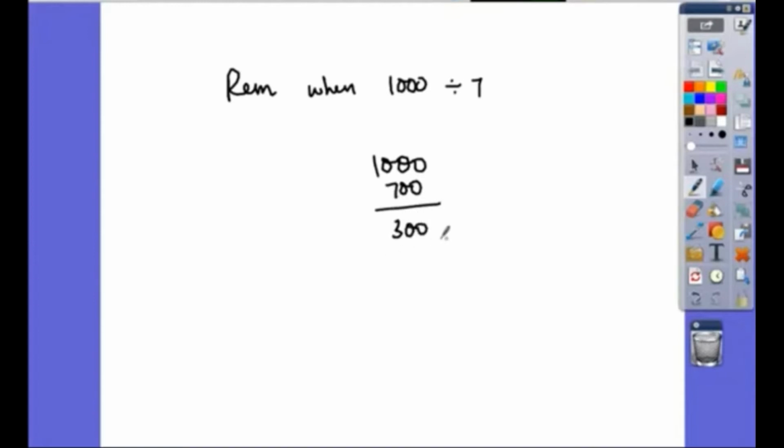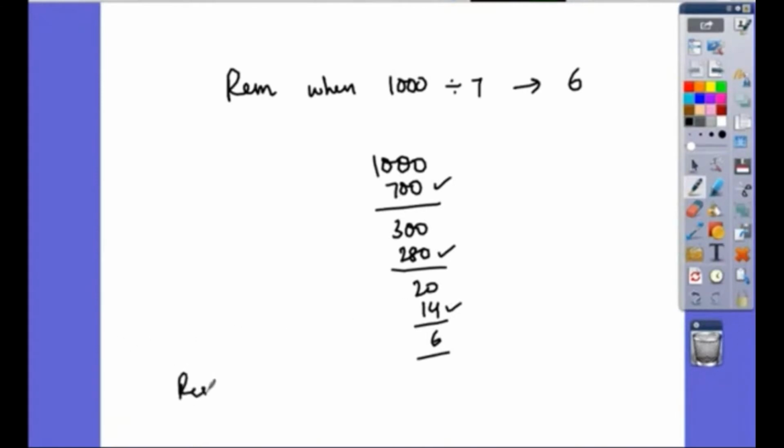Subtract 700, you're left with 300. From 300, you know 280 is divisible by 7. Subtract 280, you're left with 20. When you divide 20 by 7, 14 is gone. How much is left? 6. So the remainder when 1000 is divided by 7 will be 6. This is how you break down numbers. You take something that you already know and you cut it down. Accordingly, you'll get the remainder.